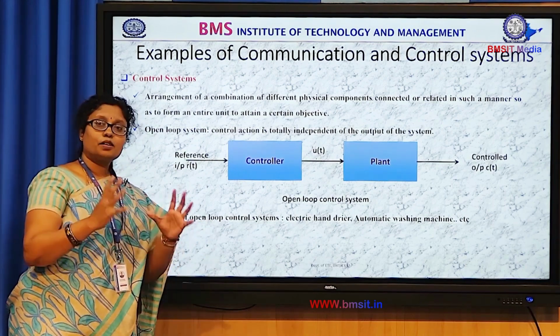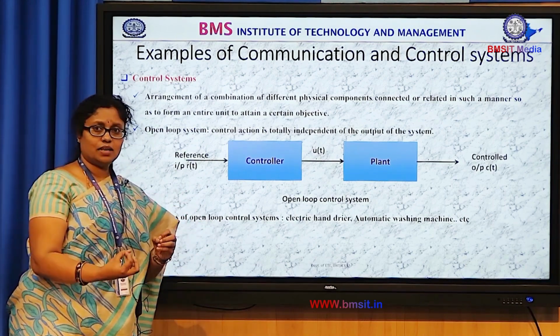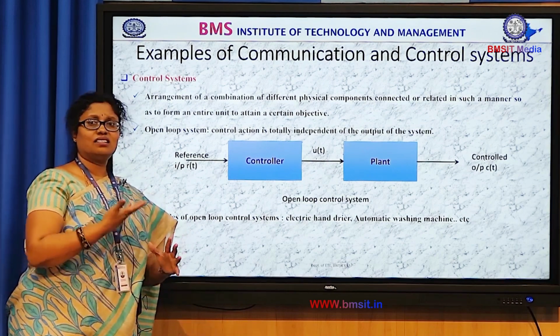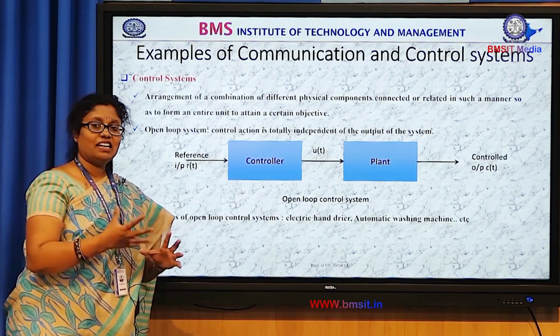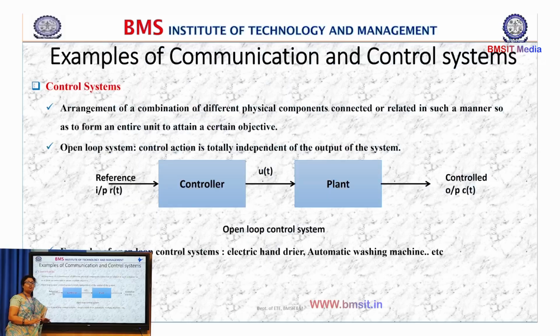The machine takes all these inputs, washes the dirty clothes completely, rinses, and even dries, and the output will be clean, dried clothes. In advanced machines, dried clothes are obtained. That is your automatic washing machine, where the controller is not dependent on the output.